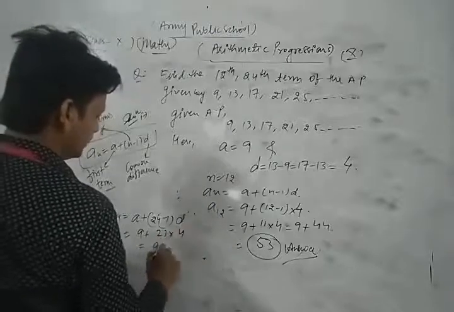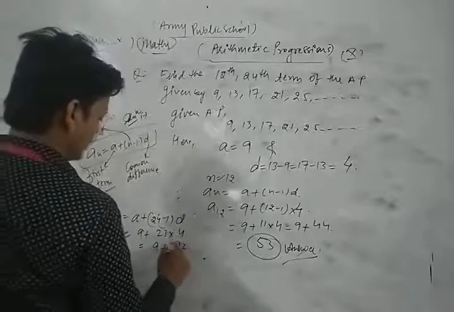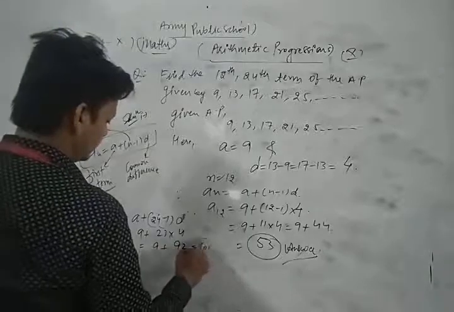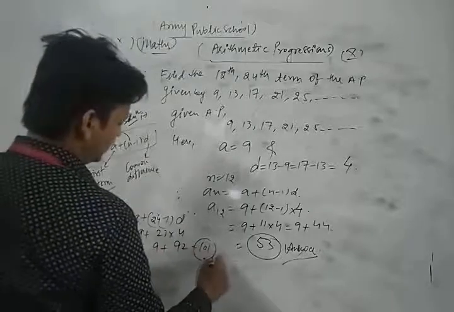So 9 plus 92, this is 101. This is the other answer.